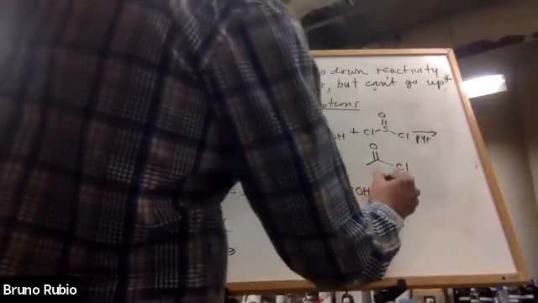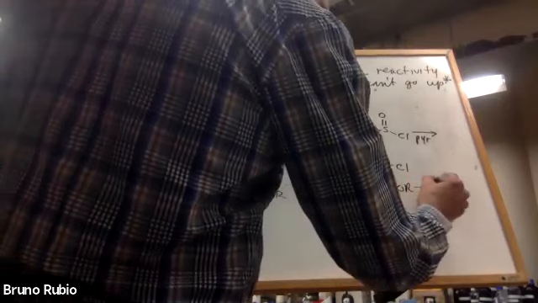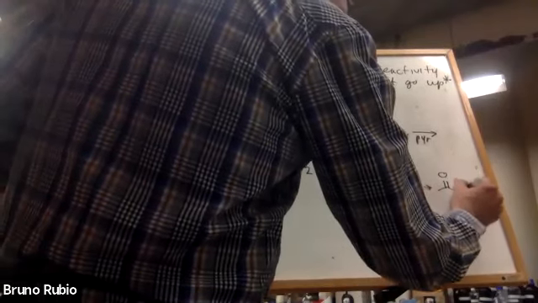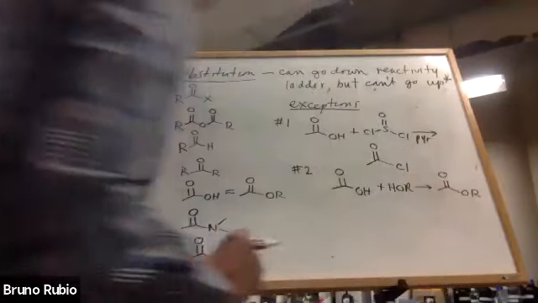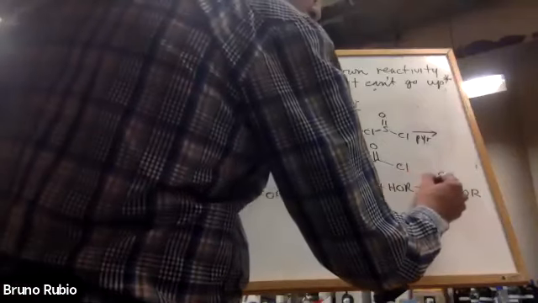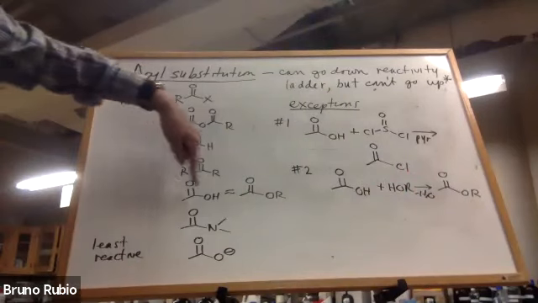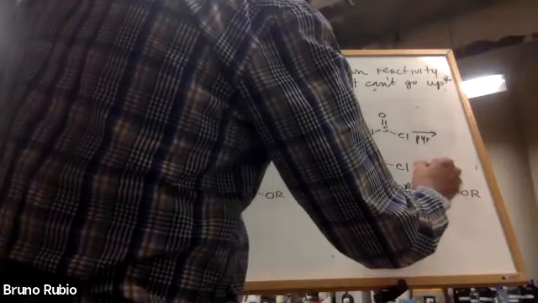So I can take a carboxylic acid, react it with an alcohol, and I can make an ester. And water would be the other, the inorganic product here. Okay, so these are about the same reactivity. Oh, this happens only under acidic conditions.